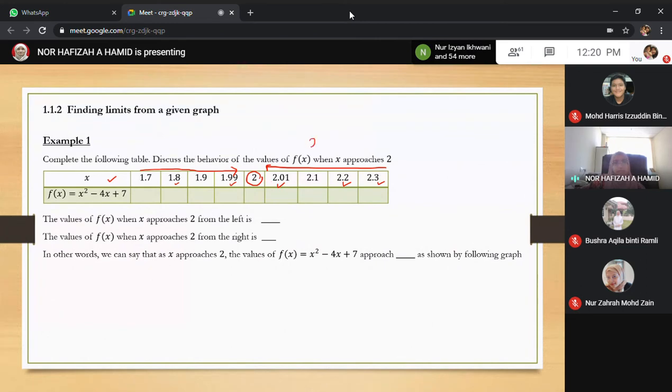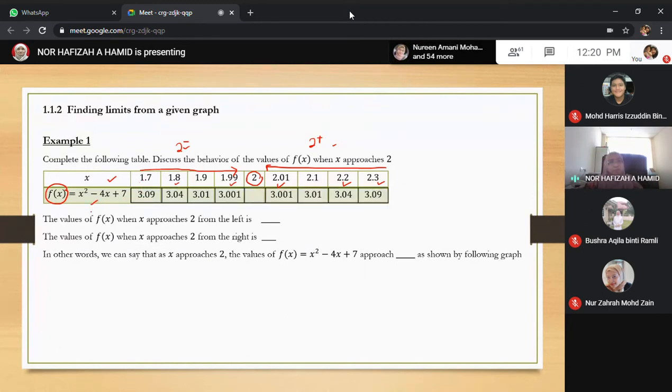This one is 2 plus and this one is 2 minus, less than 2 and greater than 2. Next you need to find the value of f(x), or values of the y-axis. Substitute x into the function f(x), so you get these values.